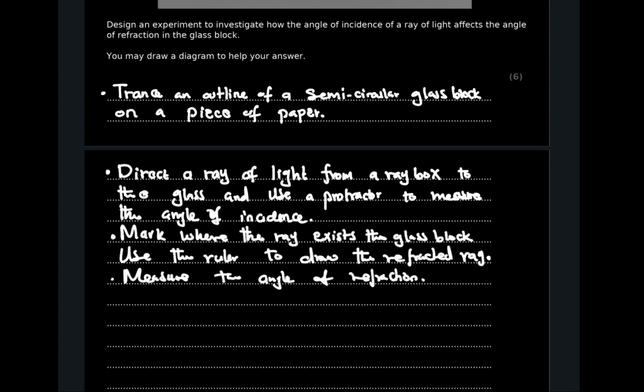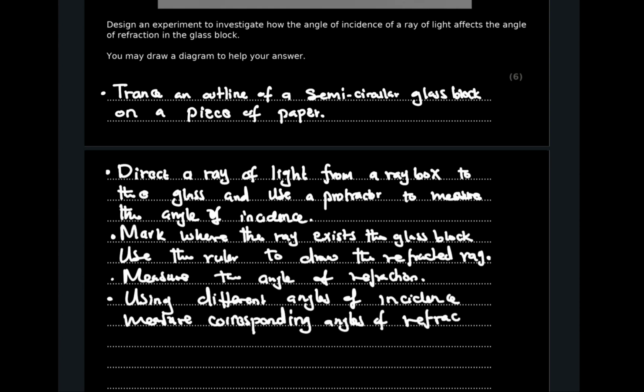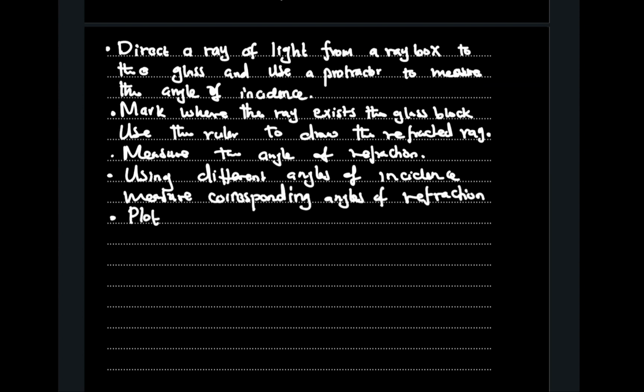Once you've done that, measure the angle of refraction, and then using different angles of incidence, measure more corresponding angles of refraction. Then we're going to fill a table and then plot a graph of sin i against sin r.